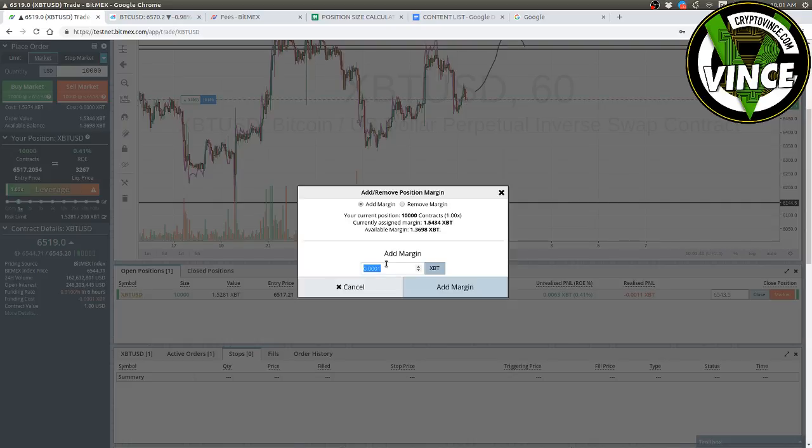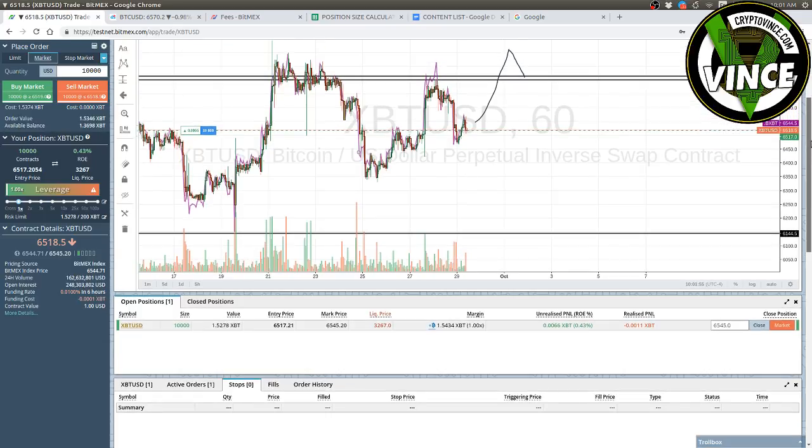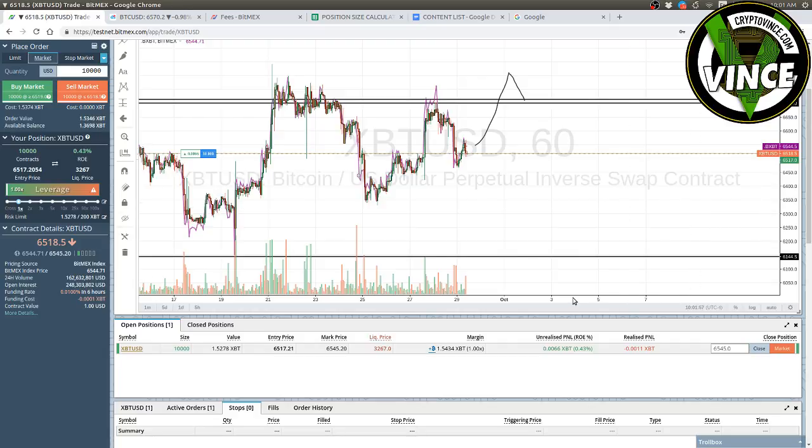And you can actually remove margin too at the same time. We don't recommend using this tool, but there are some situations where you might want to. It's just another tool that BitMEX gives you, and maybe gives them more money, I guess.